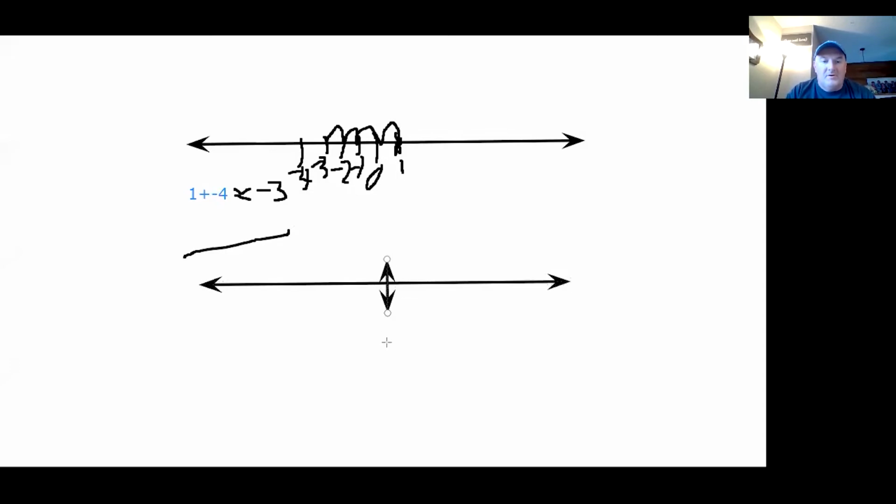There's 0. There's 1. And then we go 1, 2, 3.